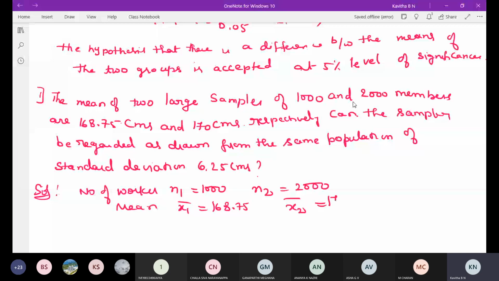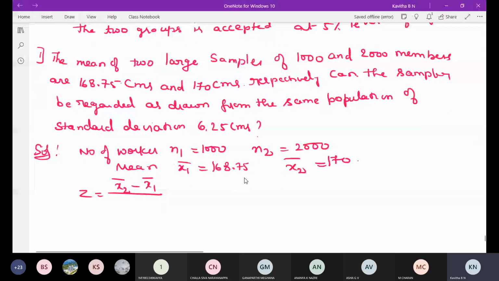Then Z is equal to X2 bar minus X1 bar whole divided by sigma square root of 1 over n1 plus 1 over n2.